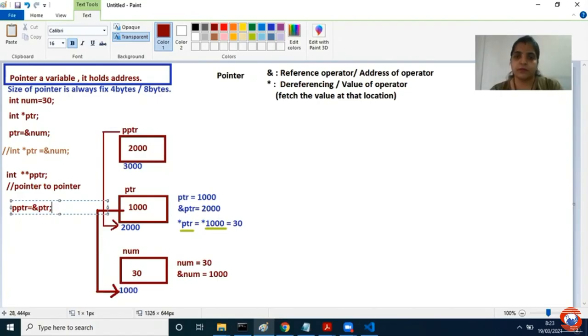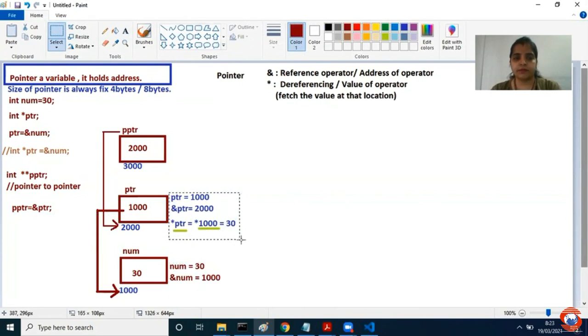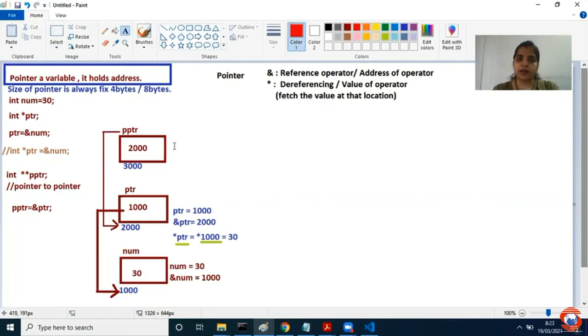Everyone. So if any variable is holding another pointer's address, that variable is called a pointer to pointer variable. All right, good. If you have understood up to this point, then yes, you can have more. That's what I said, Hardik. अगर next PPTR का भी एड्रेस आपको स्टोर करना है तो आपको इंटीजर पॉइंटर पॉइंटर पॉइंटर PTR लिखना पड़ेगा.